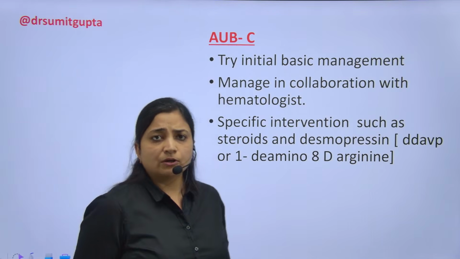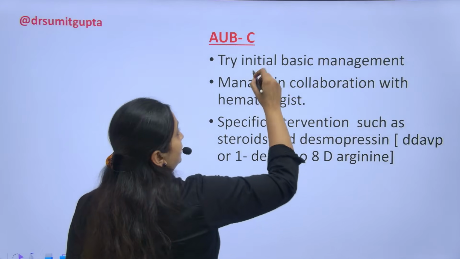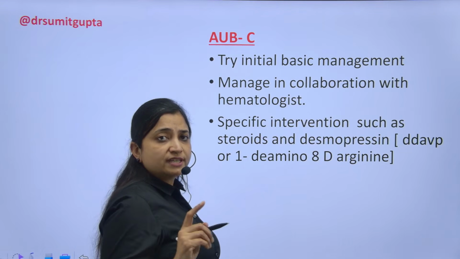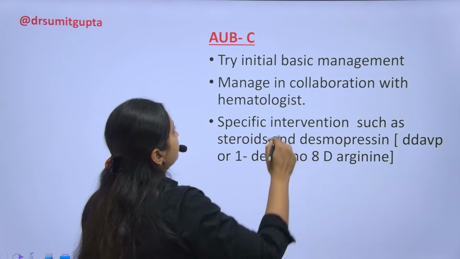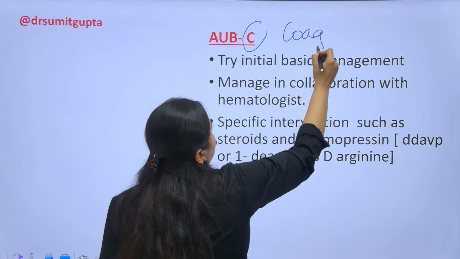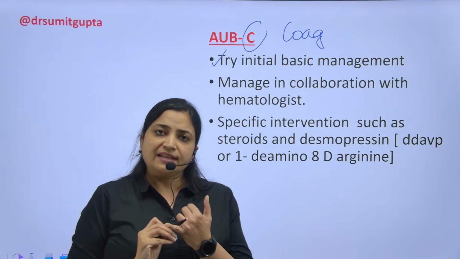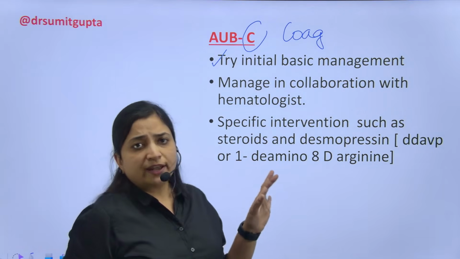Now I'll talk a little bit about each type in the COEIN. In the last lecture we saw in which patients to look for AUB-C and how to diagnose. Once you diagnose that your patient is suffering from AUB-C, that is coagulopathy, try the initial basic management first. What was that? NSAIDs, Tranexamic Acid and hormonal management. If you are able to manage with that, fine.